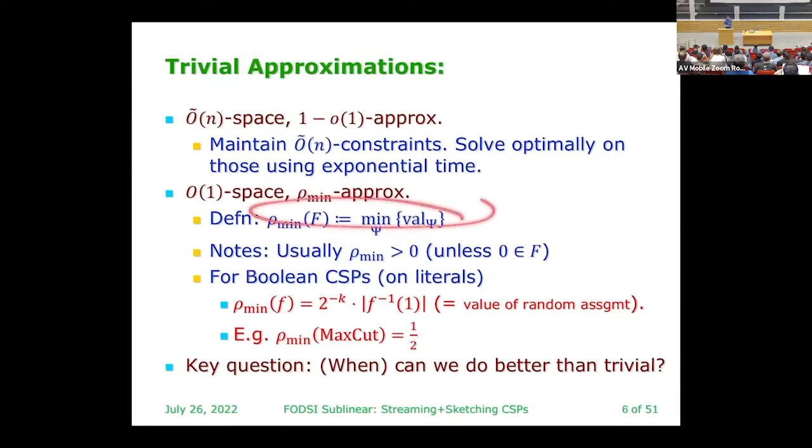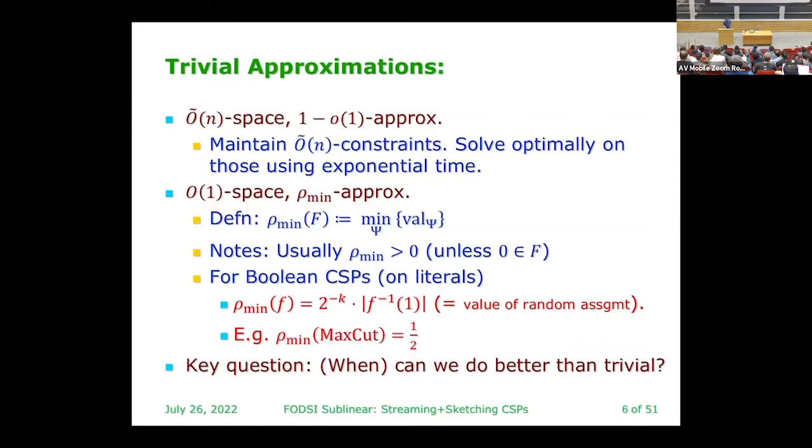That would be a setting where rho min is 1, and we get a 1 approximation. So this is the right generalization, and you can always do this. This is trivial, takes no space. I don't have to look at the instance. Before you even say the stream is starting, I'll tell you my output is this. So this should be 0 space really, but I'll call it order of 1 space, and that's a rho min approximation. Okay.